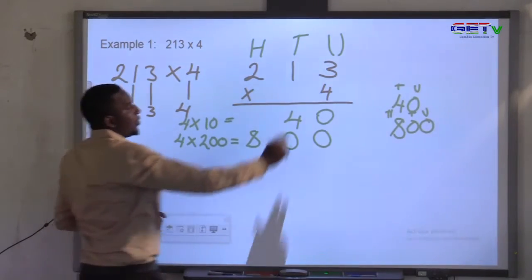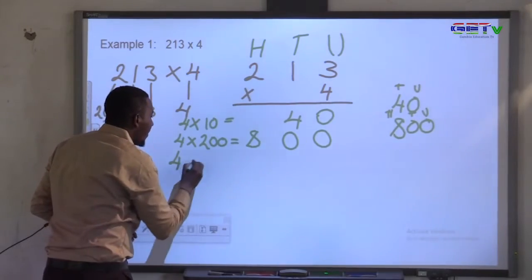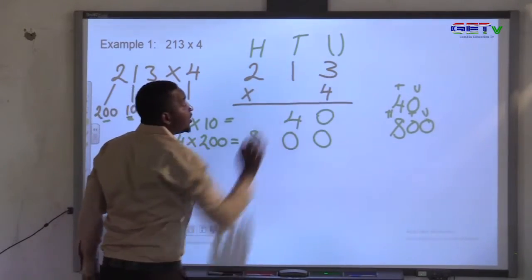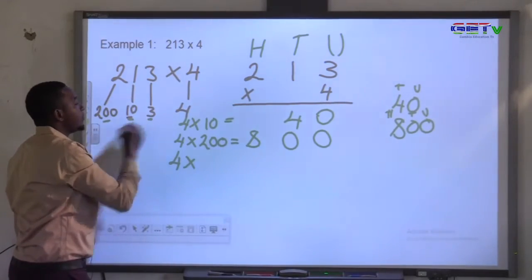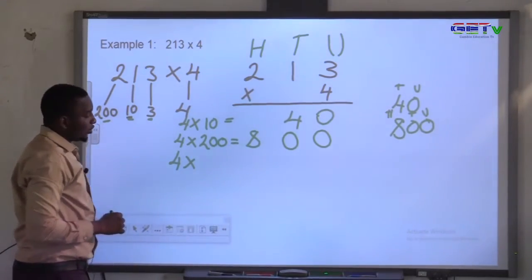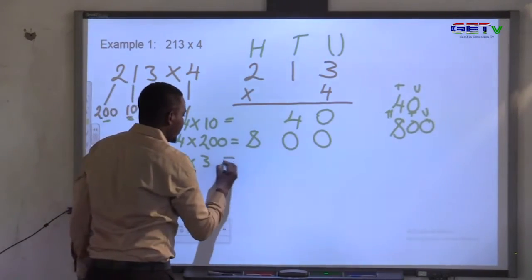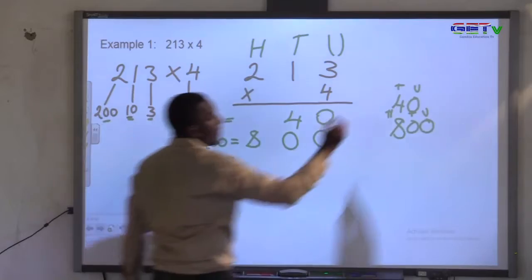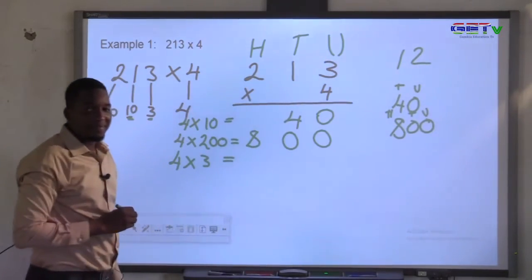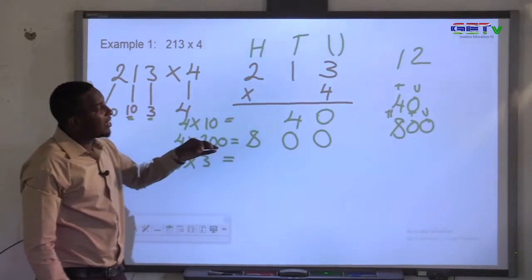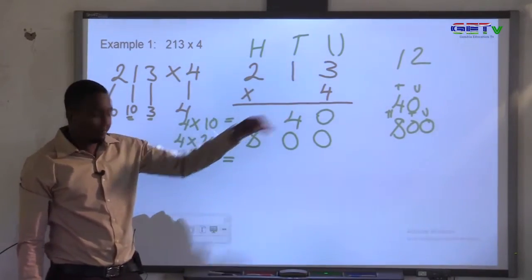Finally, we are left with the unit. We are going to multiply 4 by the value of the unit. We said the value of 3 is just 3. So 4 times 3 is going to give us 12. Again, we are going to investigate the place value of each digit in that number.